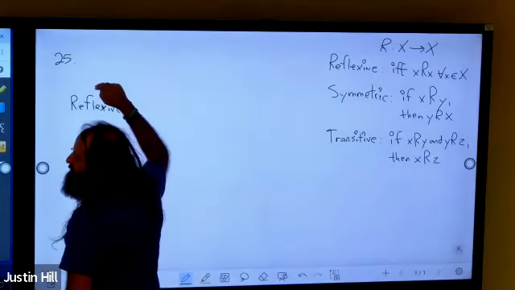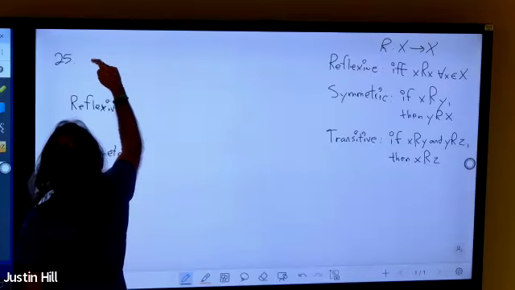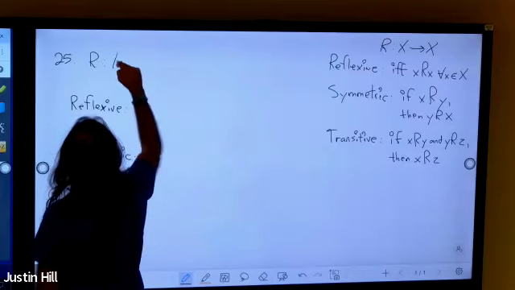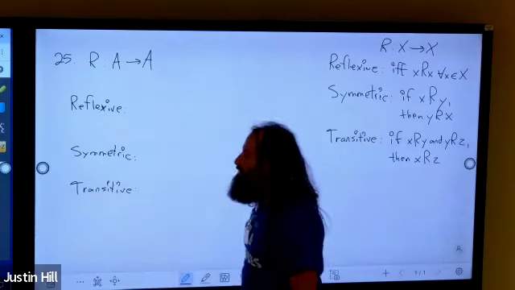Let me reduce that down. This is a relation R from A to A; you're just going to have to know what A means by reading the PDF.